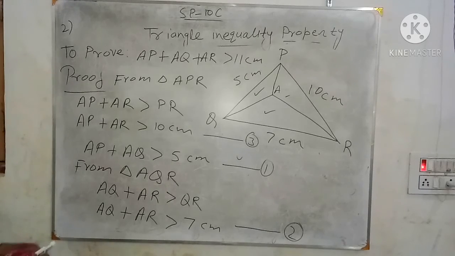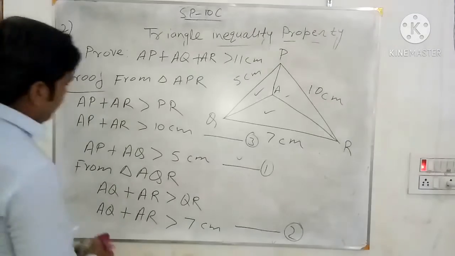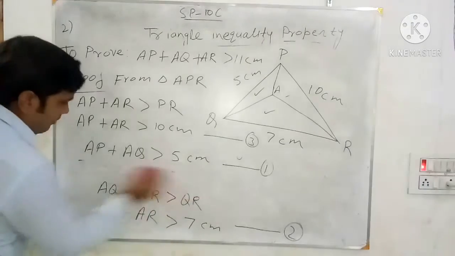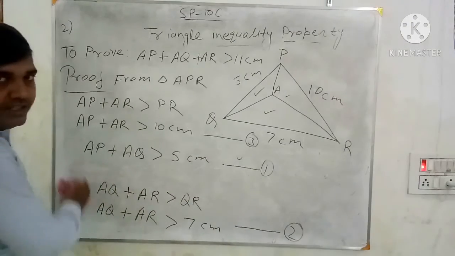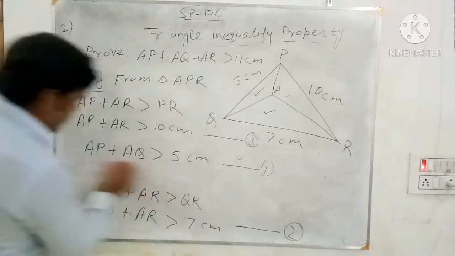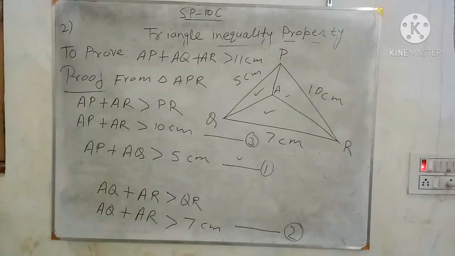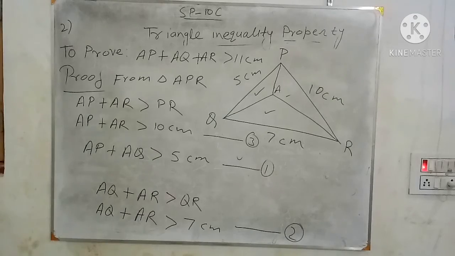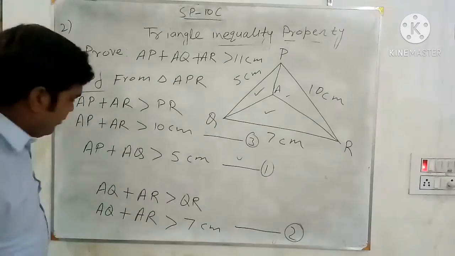So now we are going to add this. These three equations are there. So I am going to erase it. So equation number 1 is here. So we have equation number 1, 2 and 3.